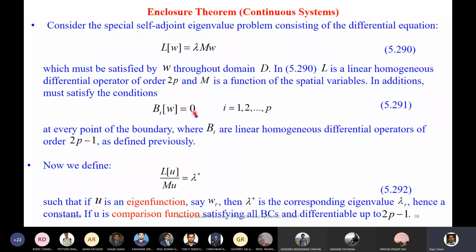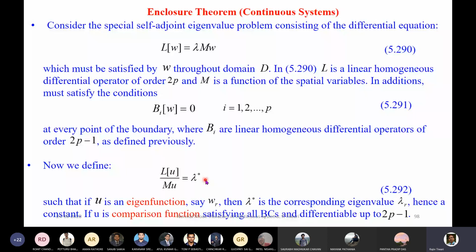Order of L is 2p and M is 2q, but for the present case q is 0, and the number of boundary conditions will be p at each boundary, and the order of differentiation in the boundary condition will be 2p minus 1. From this equation, if we divide by MW and bring it to this side, I get a ratio, which I define as lambda star.